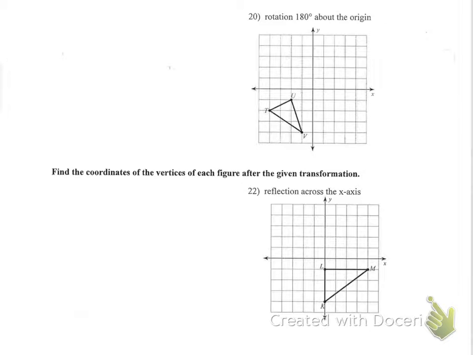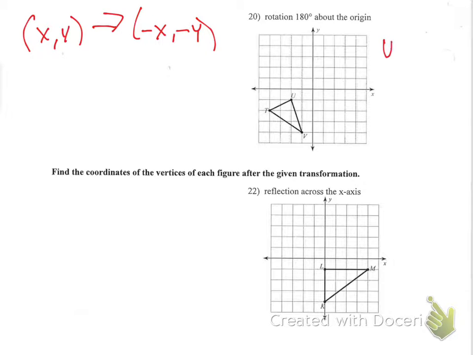This one says rotate 180 degrees. So if we go to our notes, for 180 degrees, (x, y) rotates to (-x, -y), so the signs just switch.